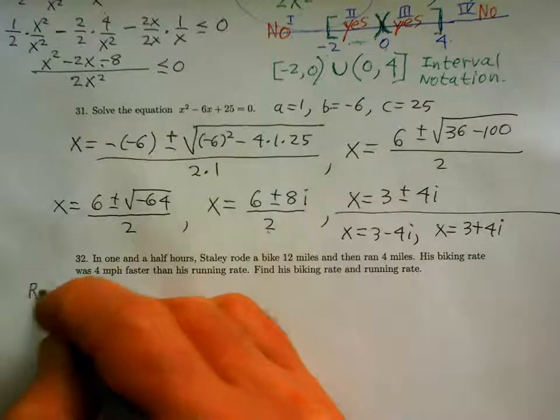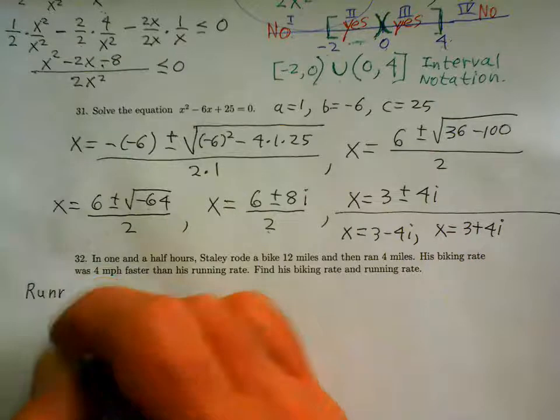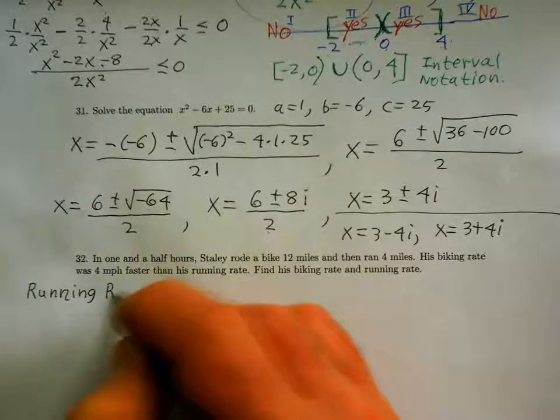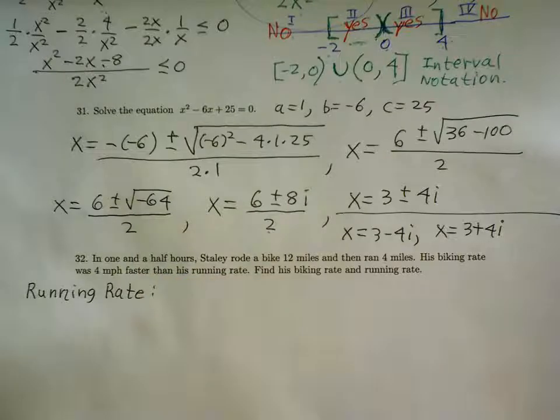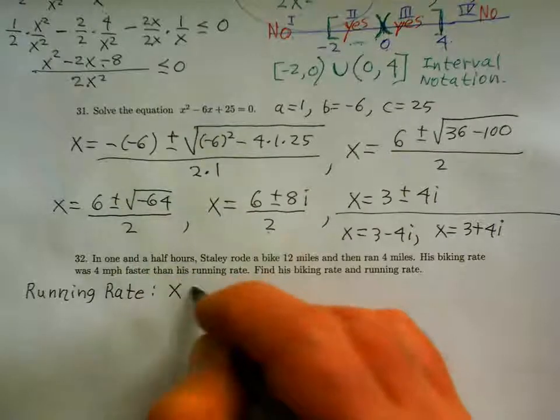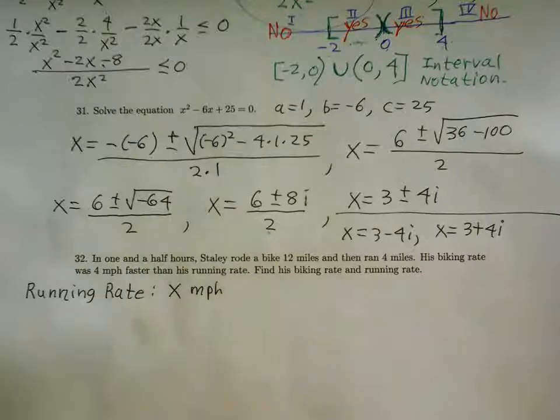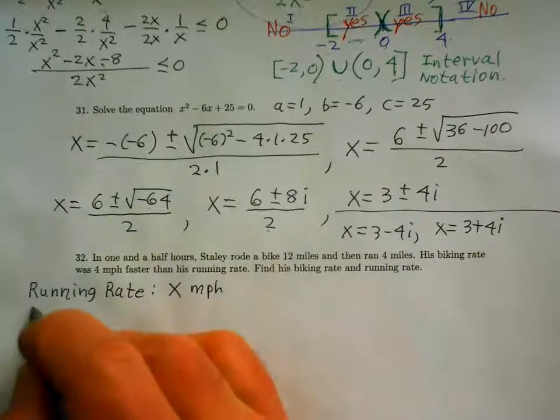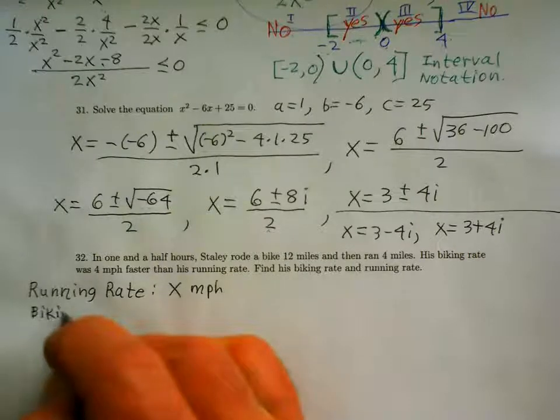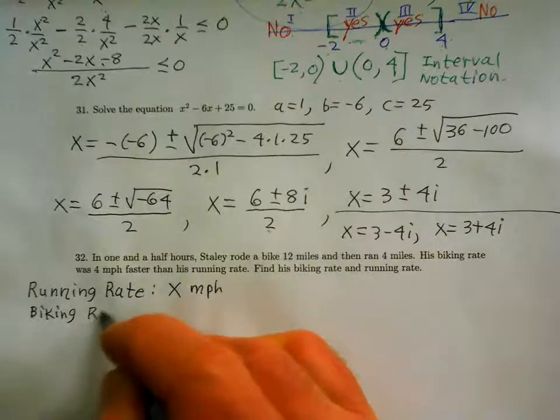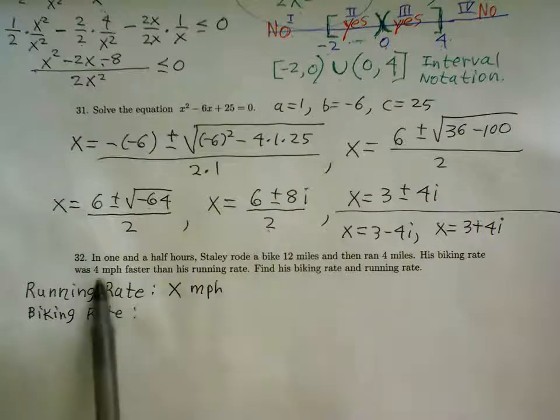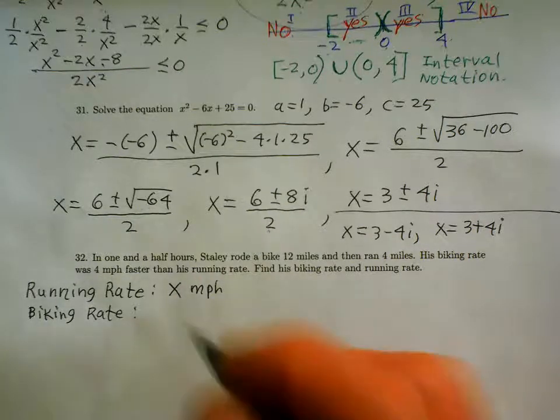Okay, so I'll pick a variable for the running rate. I'll pick x, measured in miles per hour. And then the biking rate. The biking rate was just 4 miles per hour faster than the running rate.